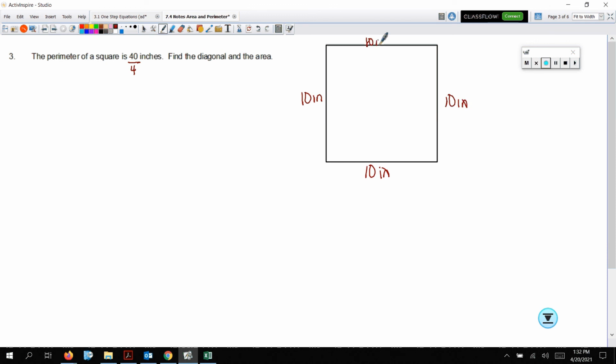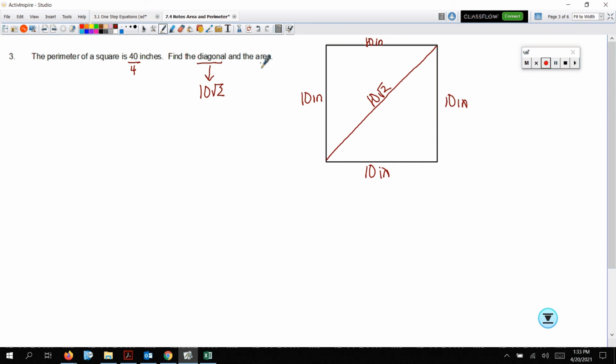Each side is 10 inches, okay? Now we need to find the diagonal. Let's make our diagonal, which is also the hypotenuse of a 45-45-90. So to find the hypotenuse of a 45-45-90, we just multiply the legs by radical 2. So 10 times radical 2 is just 10 radical 2.